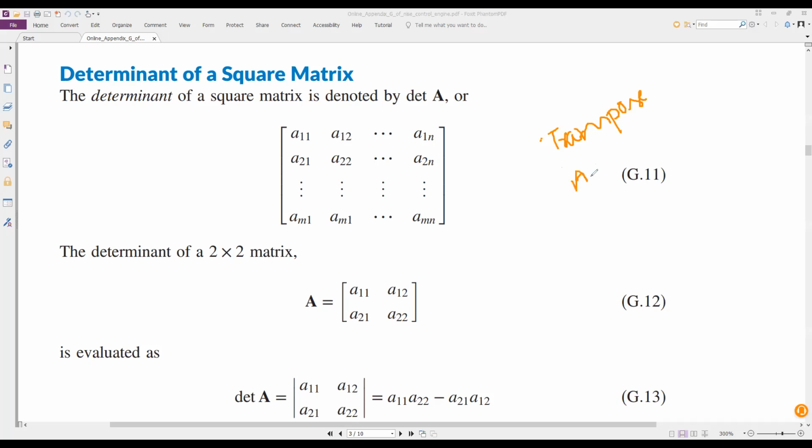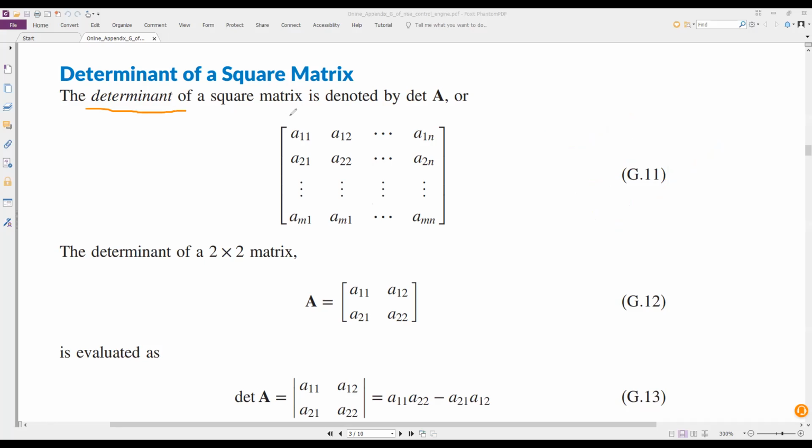We need to know how to calculate the adjoint, and the determinant. These few things we need to know. And I think you already know the basics of matrix, and I have already discussed it here. Okay. Transpose, adjoint, determinant. Now see, what is the determinant?